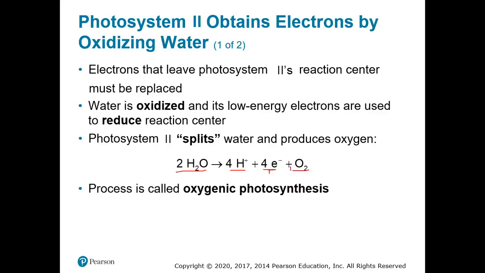And this is the step where oxygen is produced as a byproduct. So very important step, right? Because most of the oxygen that we breathe in comes from this oxygen produced by photosynthetic organisms. So this whole entire process is called oxygenic photosynthesis because we are releasing oxygen as a byproduct of our photosynthesis.